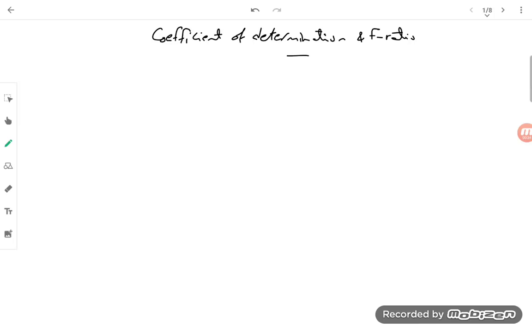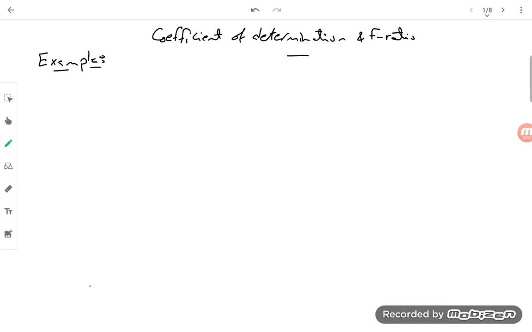So let's take an example and then calculate the parameters and test the significance of these parameters in this example.